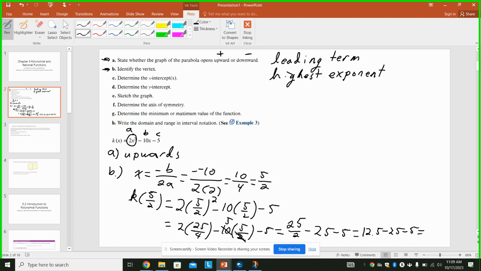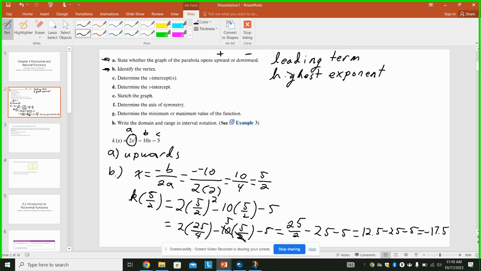Minus 12.5 is a negative 12.5, minus 5, negative 17.5. Yes, you could make that negative 30 and then subtract it. That's fine too.